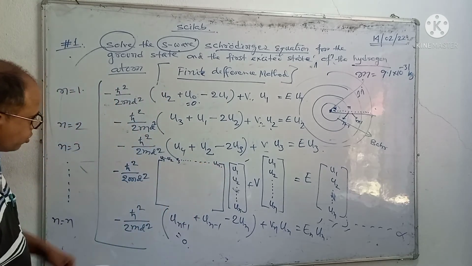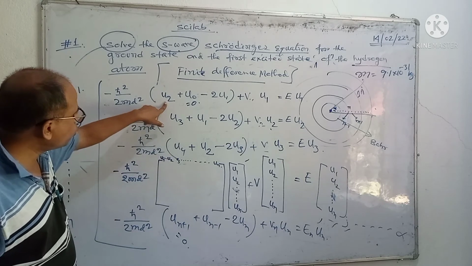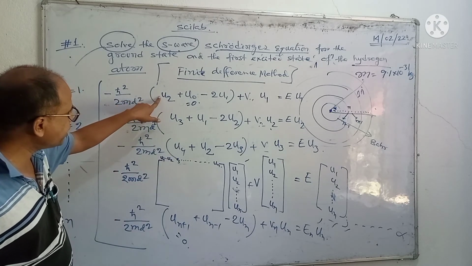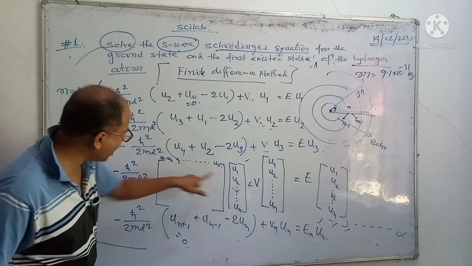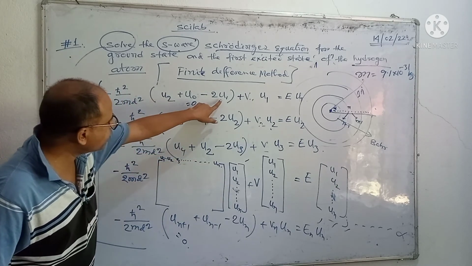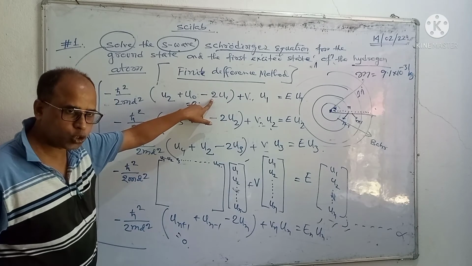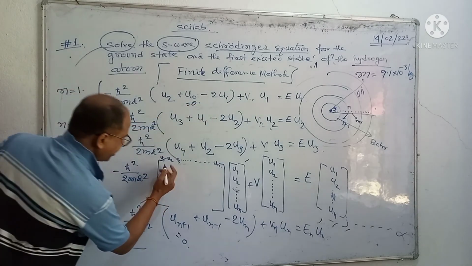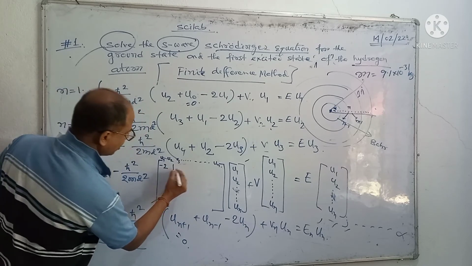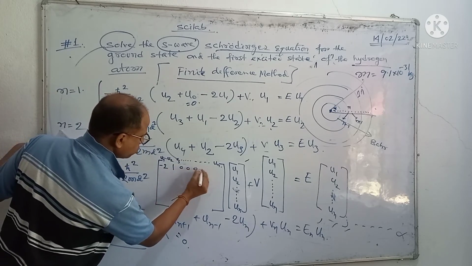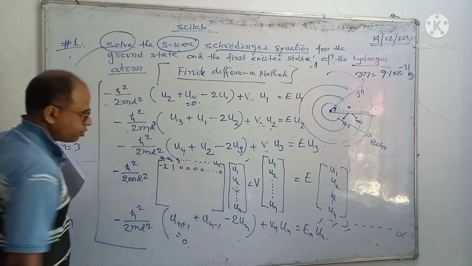Fine. Now here you see U2 each coefficient is 1, and U1 coefficient is -2. Therefore you can write -2 1 0 0 0 0 dot dot dot 0.